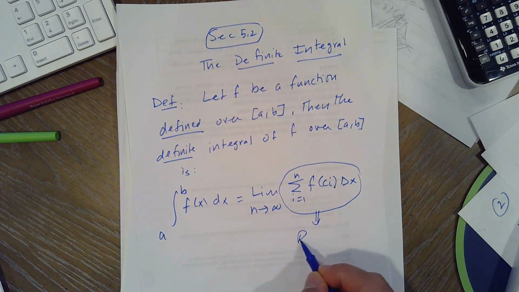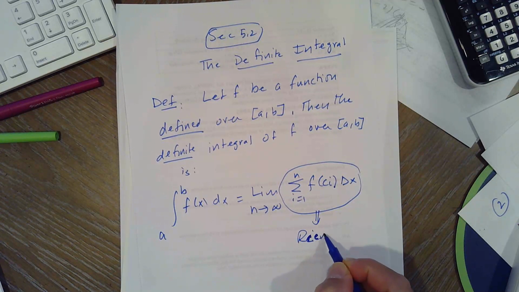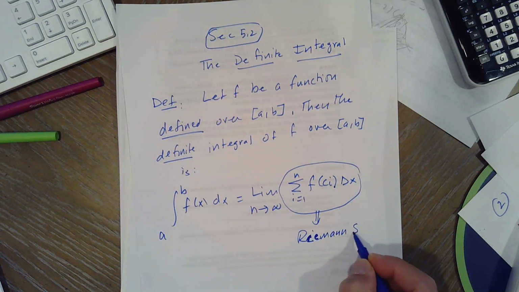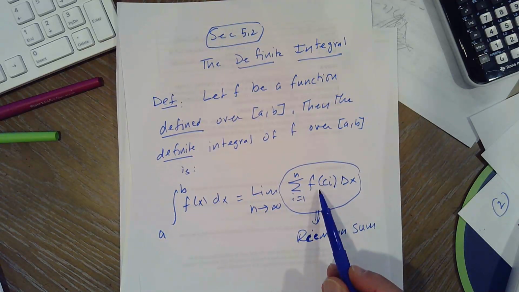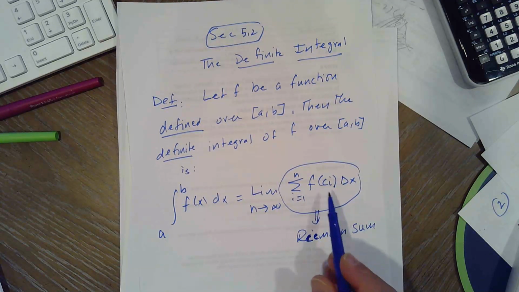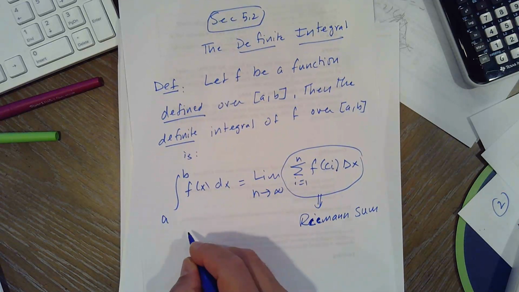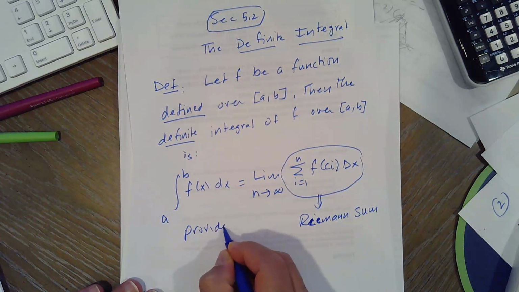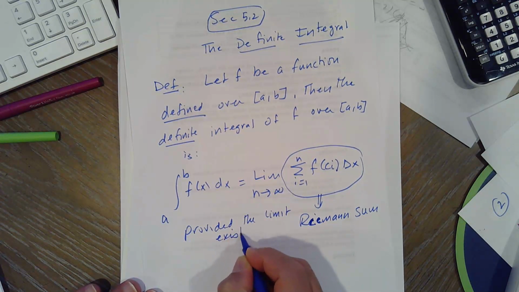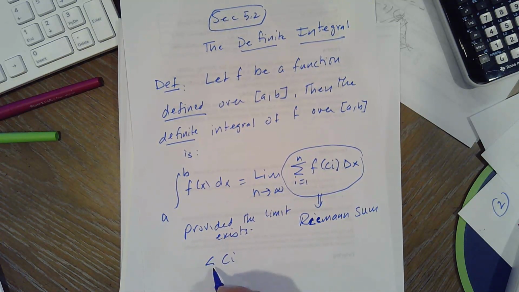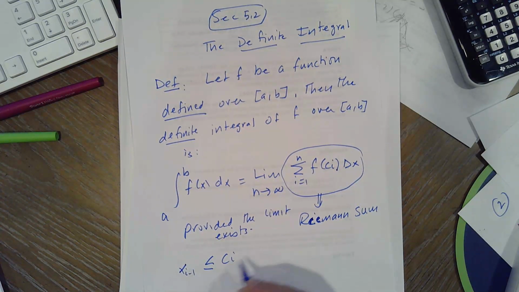These are called Riemann sums, after the German mathematician Bernhard Riemann, who came up with them. Remember lower sum, upper sum. The ci can be anything, provided the limit exists, of course. It doesn't have to be the left endpoint or right endpoint. It could be anything, okay?